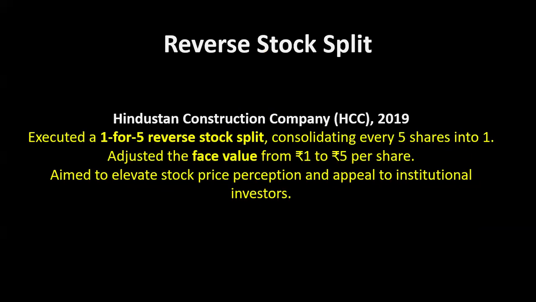For example, in India, Hindustan Construction Company consolidated 5 shares into one. So 1 share is issued in place of 5. That means 5 are clubbed together into 1 share. So the face value increased from 1 to 5.